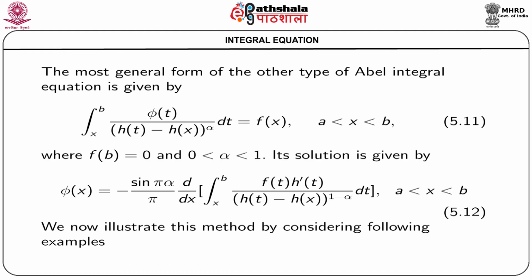Next, we consider another type of Abel integral equation where the lower limit of integration is variable and the kernel is the function 1 by (h(t) minus h(x)) to the power alpha.